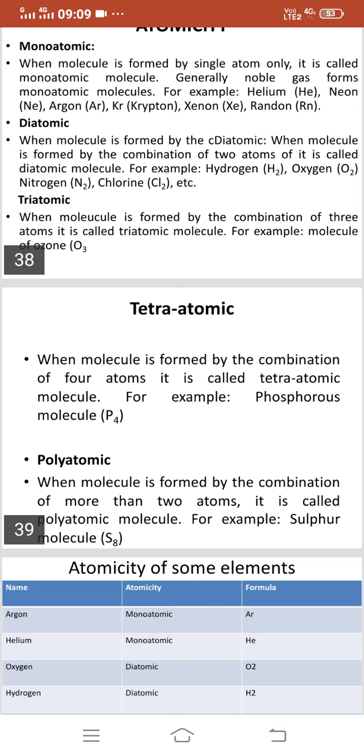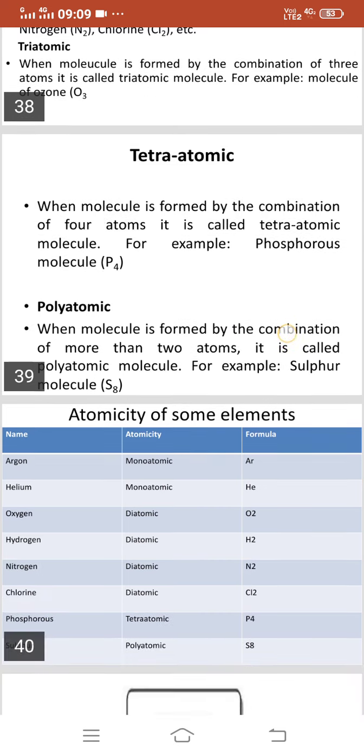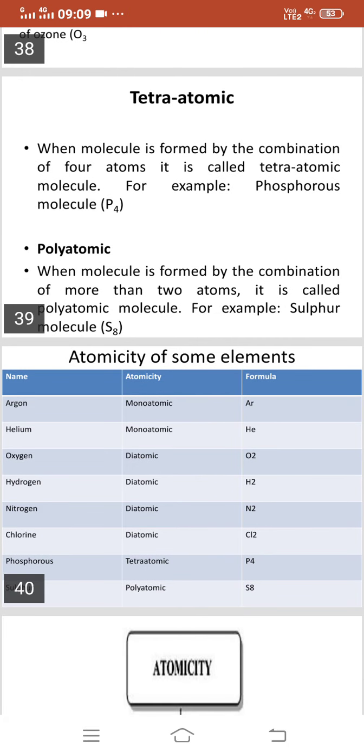An example is the sulfur molecule, that is S8. Now the next slide shows the atomicity of some elements: the name of the elements, their atomicity and their formula. So argon, helium, oxygen, hydrogen, nitrogen, chlorine, phosphorus, and their atomicity and formula.